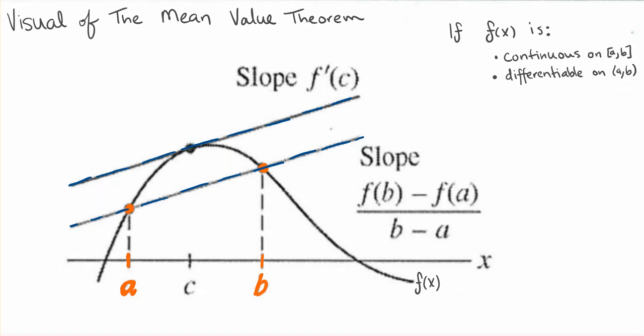So by the mean value theorem, the slope between the endpoints must equal the slope at a certain point within the interval, which is the idea that these two lines are parallel. That's just a visual that we want to think about as we go through the mean value theorem. Let's look at how we might apply this to some problems.